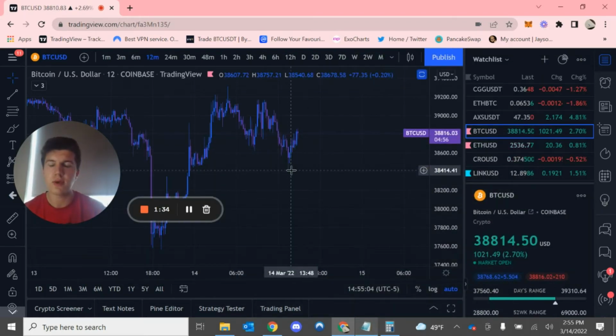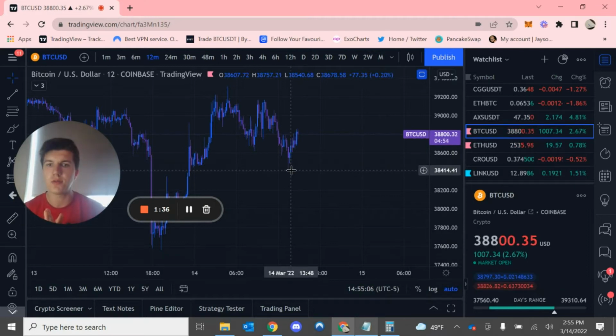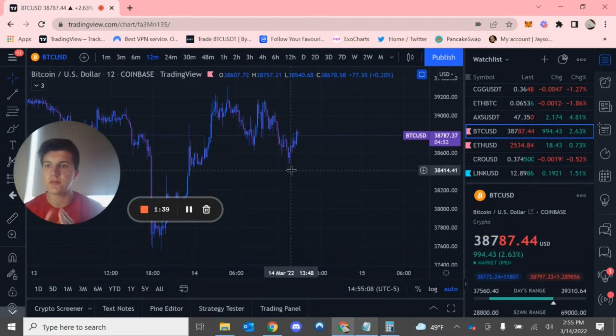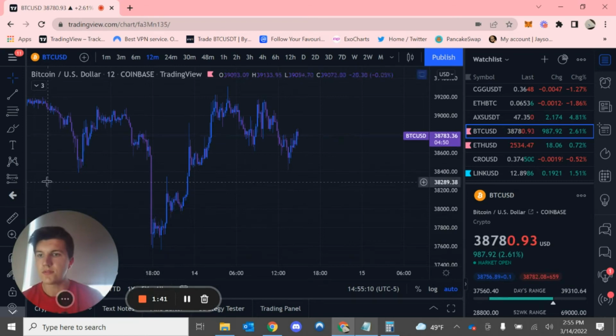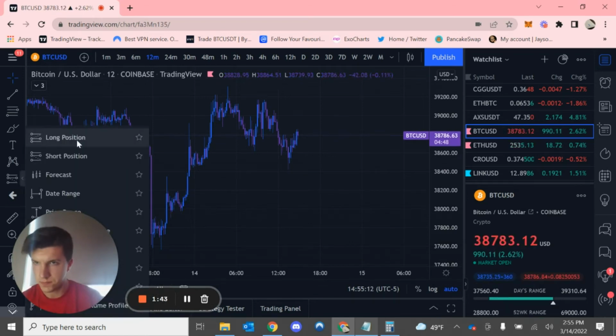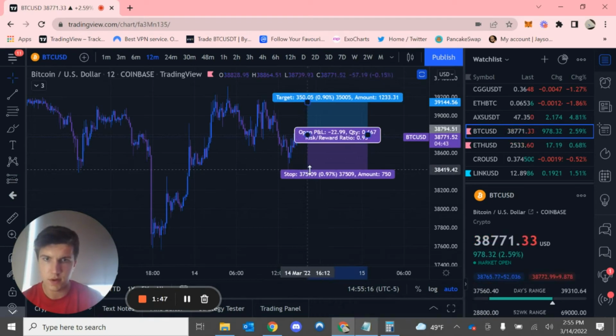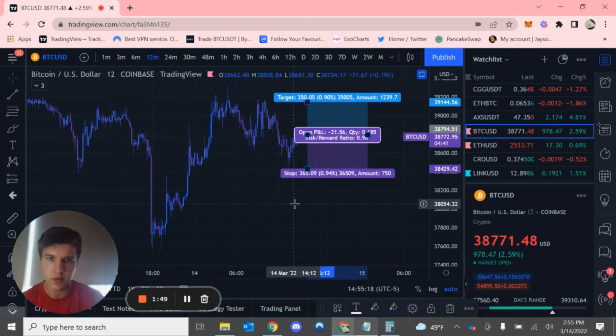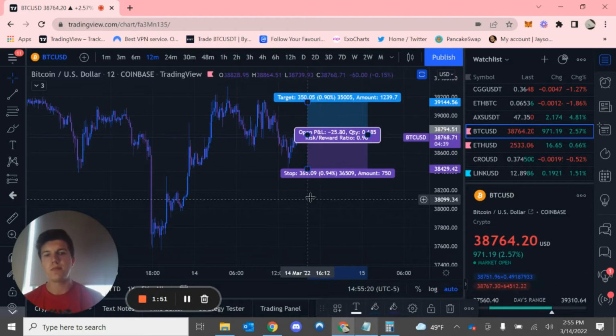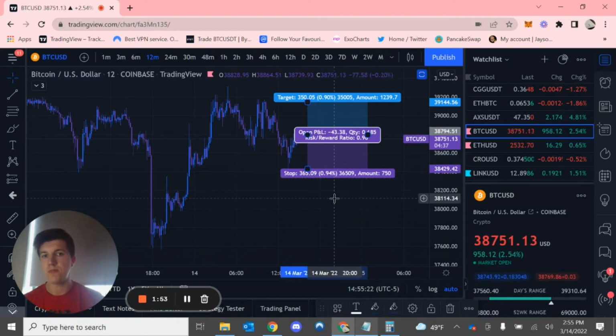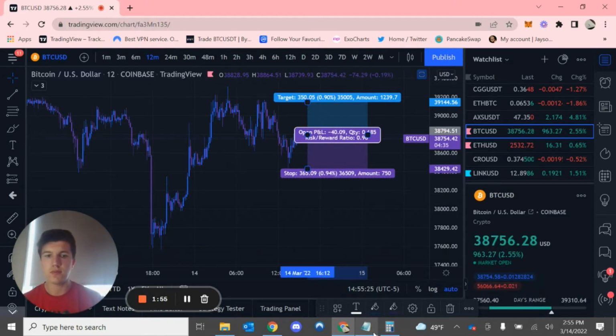This will be derived from how much your stop loss is. So if we were to long here and say we're going to put our stop loss right below that, we have a percentage stop loss of 0.94%.